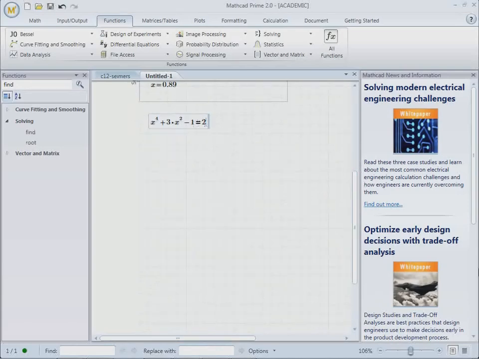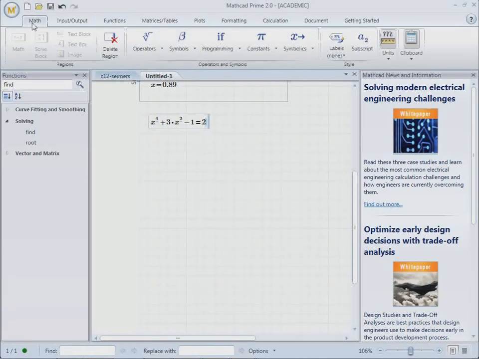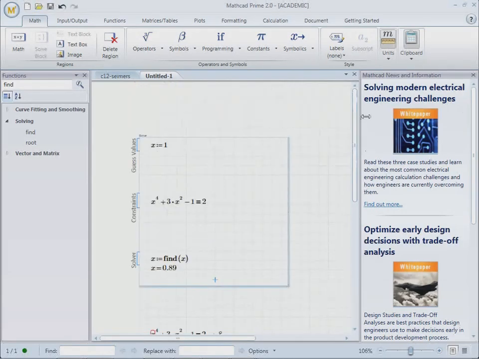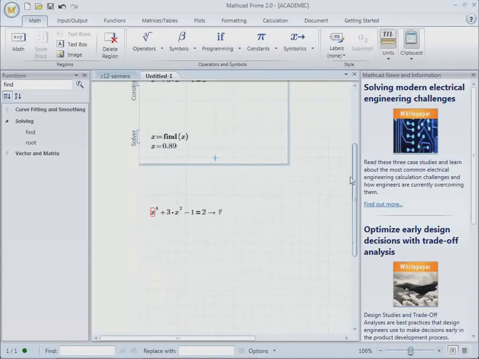So now we use the symbolic arrow, symbolics. This will just plain simply solve the equation. Boom. Okay, here's the problem. I've already used x up here. I've already assigned x to a value. I can't solve it symbolically now. So I'll just delete this whole block.